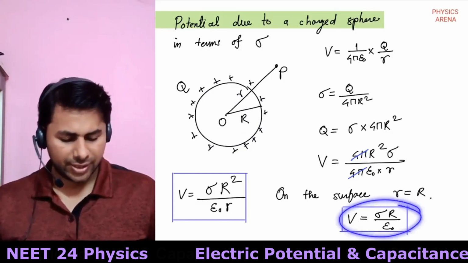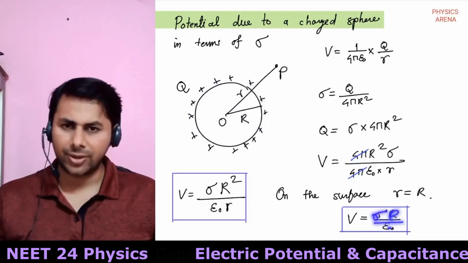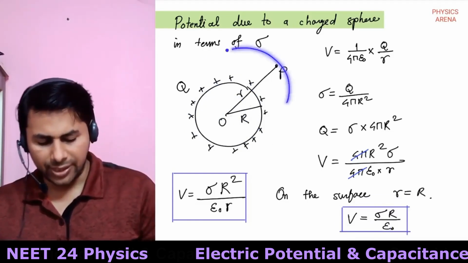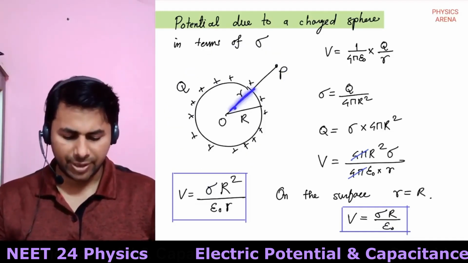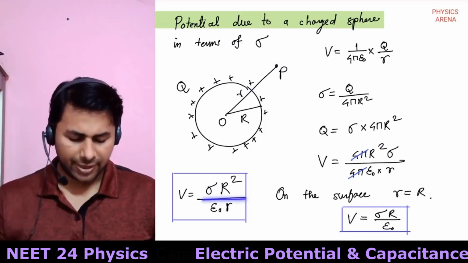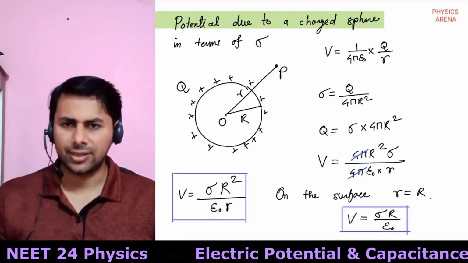So the potential inside and on the surface is given by sigma R upon epsilon naught. The potential outside will be given by sigma R square, where capital R is the radius, divided by epsilon naught small r. Is this clear?